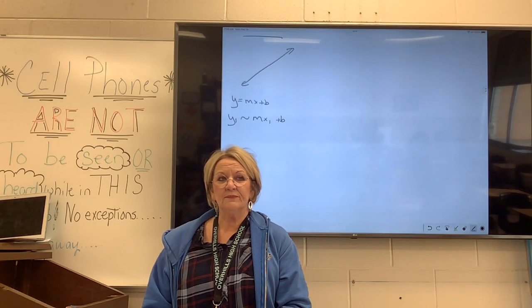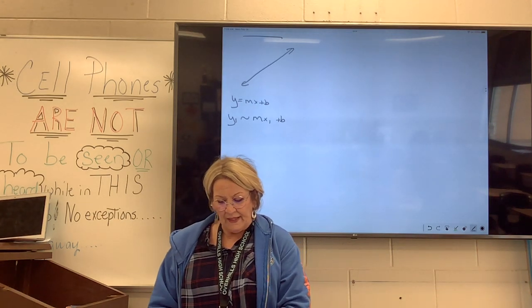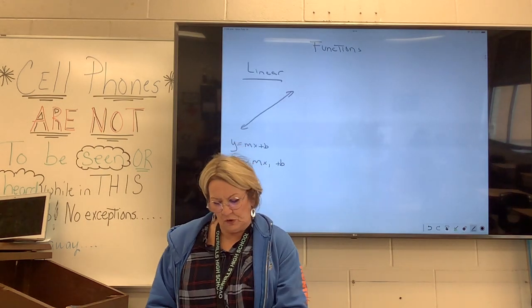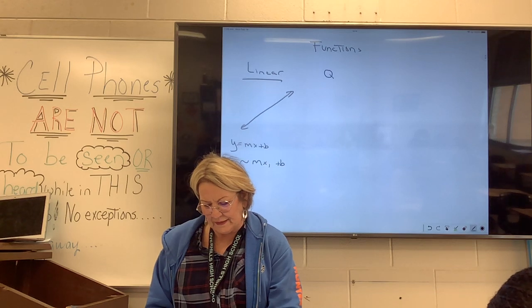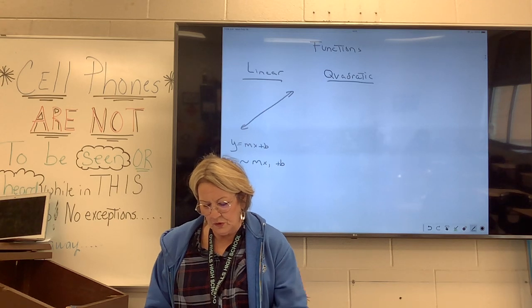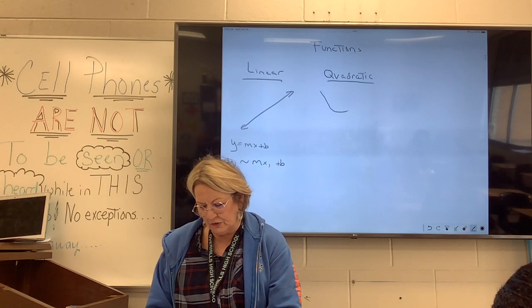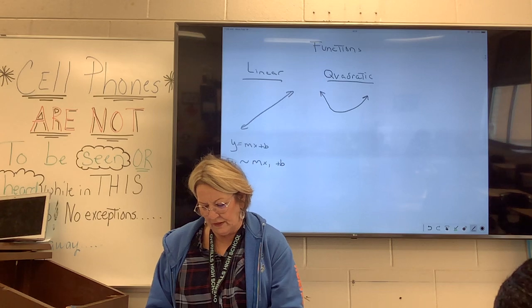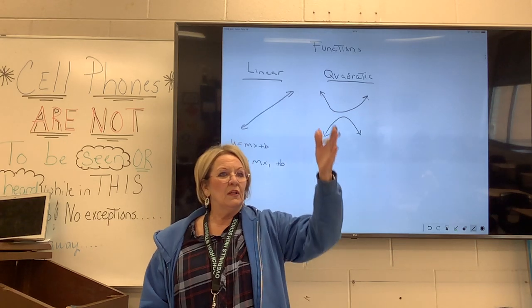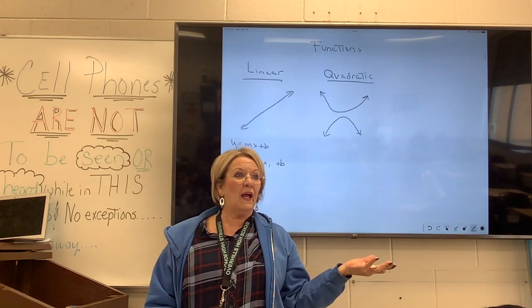Okay, thank you. So that is our linear. If we're doing something with quadratic, that's the next function we study. Quadratic looks like a U, or it might look like an upside down U. It could look like either one. If you see that shape, you know you're dealing with a quadratic graph.